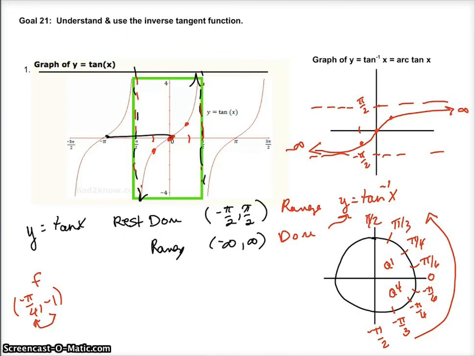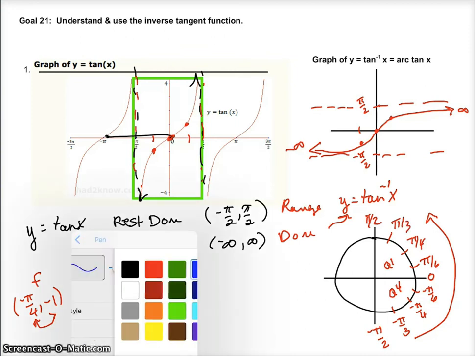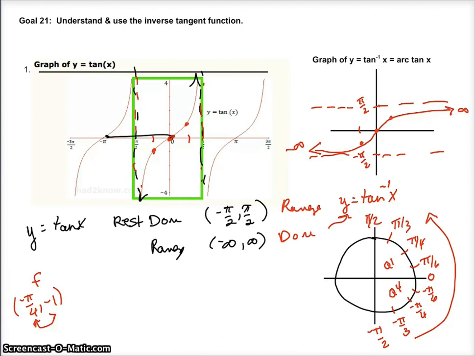And I'll remind you of the values of tangent. At pi over 2, tangent's undefined. At pi over 3, it's √3. Pi over 4 is 1. Tangent of pi over 6 is √3 over 3. Tangent of 0 is 0. And then all the values here would just have negative signs.